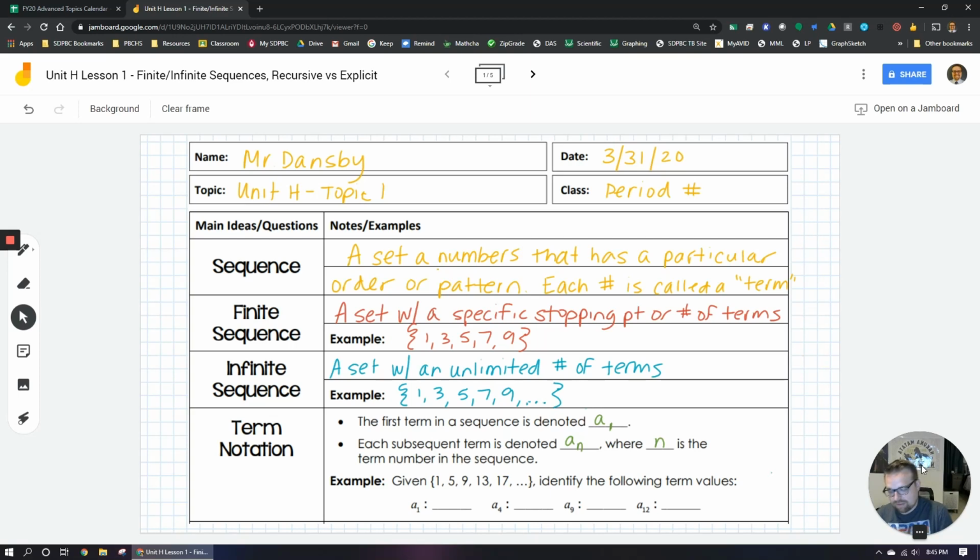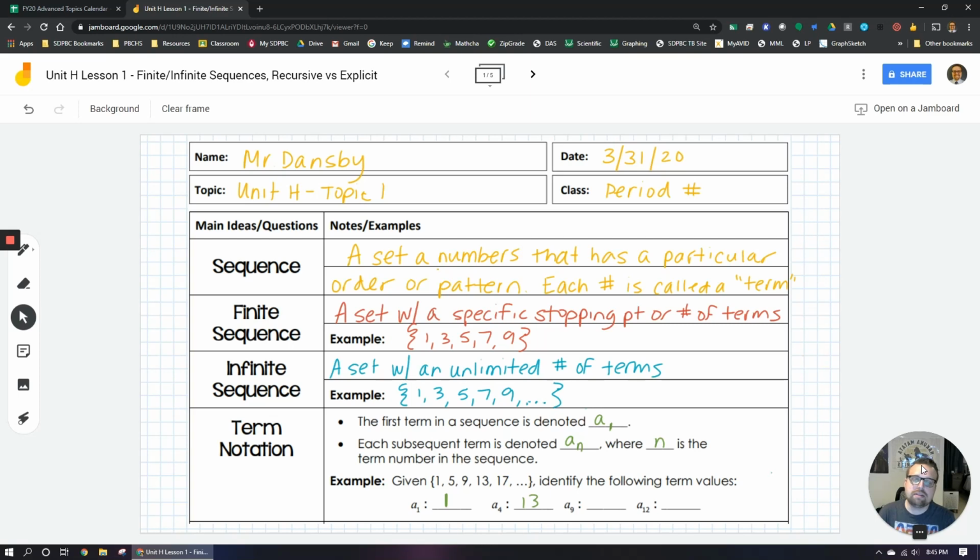So if you're given the sequence, this is an infinite sequence of 1, 5, 9, 13, 17, identify the following term values. So the first term in this sequence is going to be 1. And then the fourth term would be 13. I'm literally just looking at what was given to me and counting 1, 2, 3, 4 terms over. That would be 13. Next thing they're asking for is what the 9th term is.